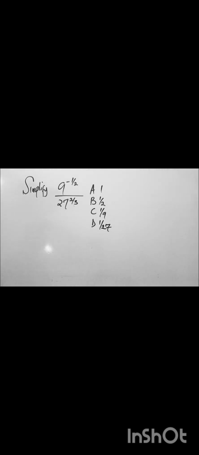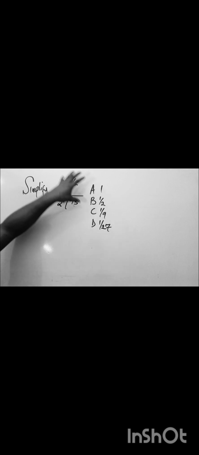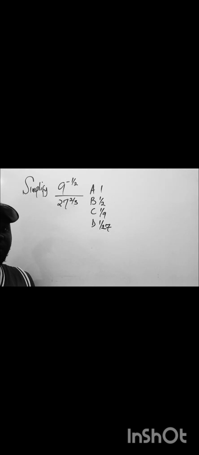Now, the way you are going to solve this problem is to solve the numerator and solve the denominator separately, then after you combine both of them together. Let's go to the first one, which says 9 raised to power minus 1 over 2. To solve this, we recall that a raised to power minus x is equal to 1 over a raised to power x.